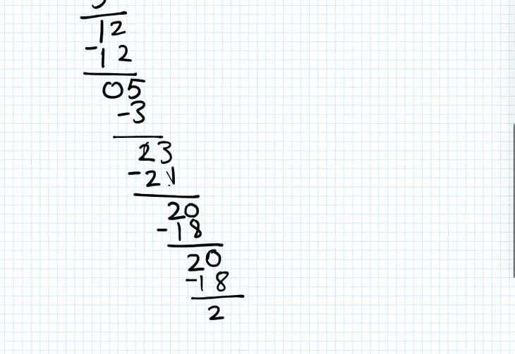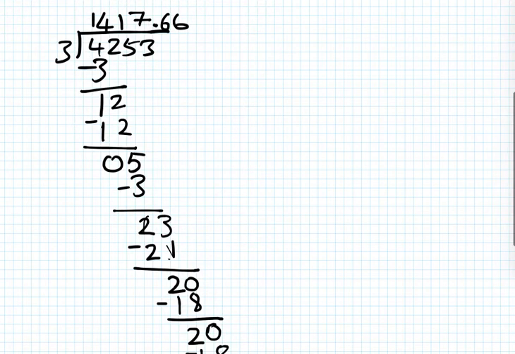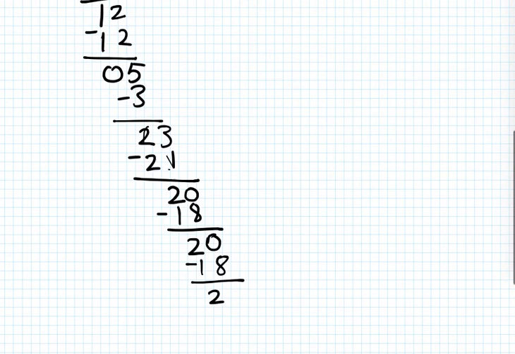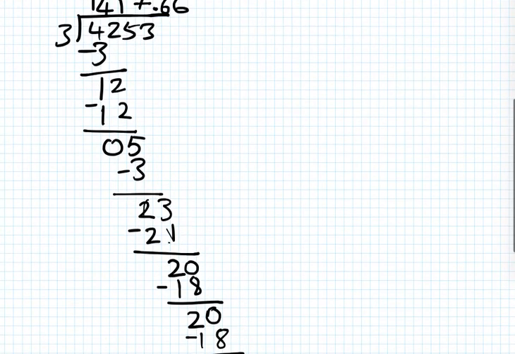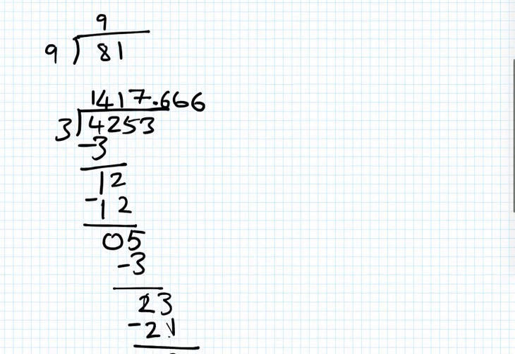Again, we've got one more 0 that we can drop down, because we've used the first 0 here and the second 0 there. So we put a 0 next to the 2, and that becomes 20. Same story: the closest number to 20 in your 3 times table is 6 times 3, which is 18.